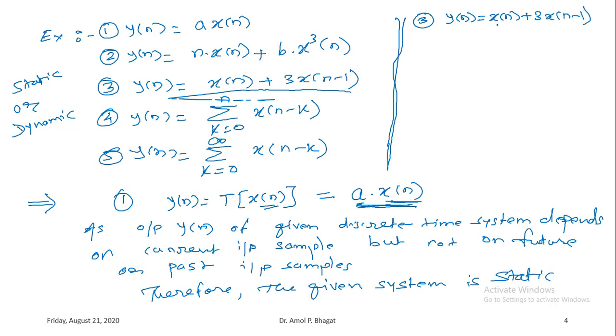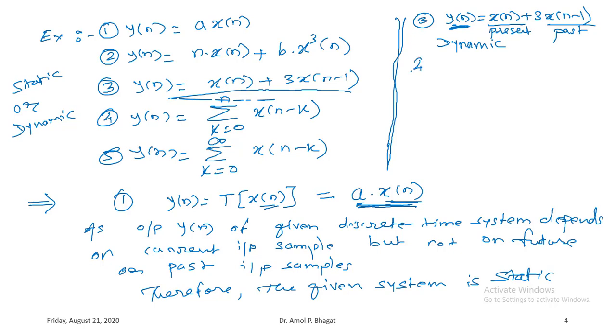In this case again, if you observe this equation, the output y of n depends on the present input and past input. So therefore the system is dynamic. In the solution, you have to write down the statements that were written in the first system equation solution. So a similar statement you can specify. So here it is a dynamic system.